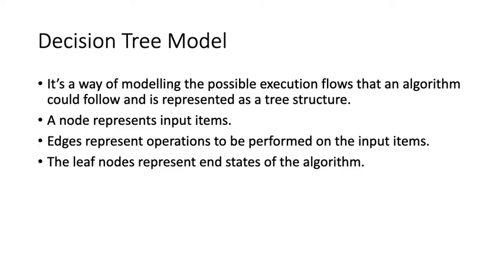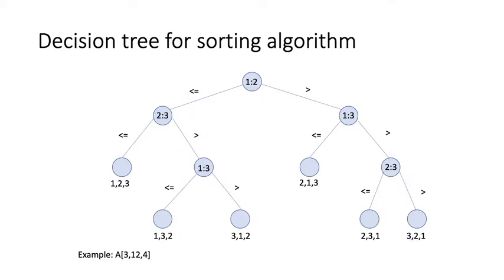So let's take an example to understand how we can model a problem using a decision tree. Here's an example of a decision tree for a sorting algorithm. As you can see, every node except for leaf nodes is labeled as i, j. So for example, in this node, we are comparing the first and second elements.